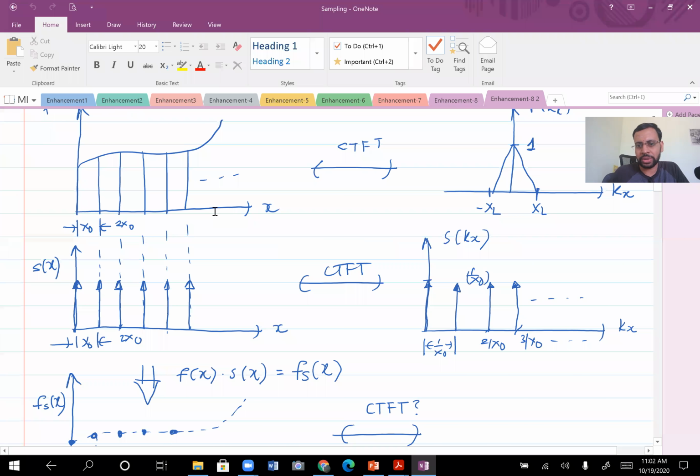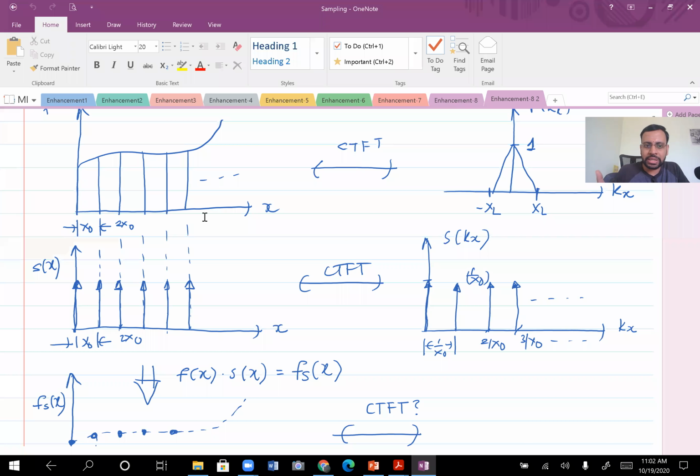Now, the question that we are posing ourselves is, suppose instead of this whole continuous time signal, I am keeping only samples of the signal instead of keeping track of the whole signal at all points, which is of course infeasible when you are doing it on a computer, right? So now, once you are taking samples of the signal, you get some new Fourier transform, right?